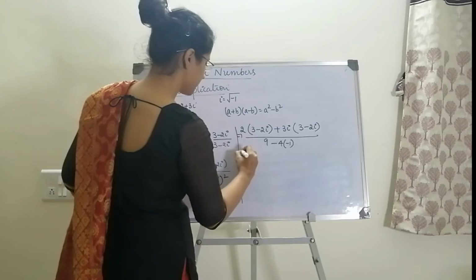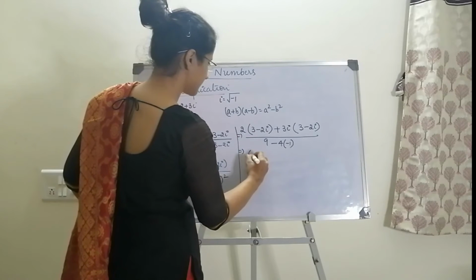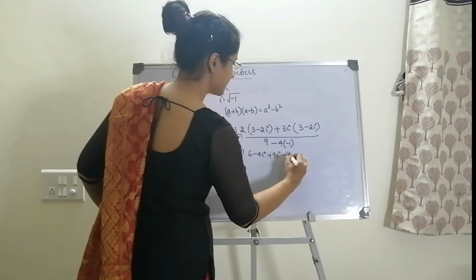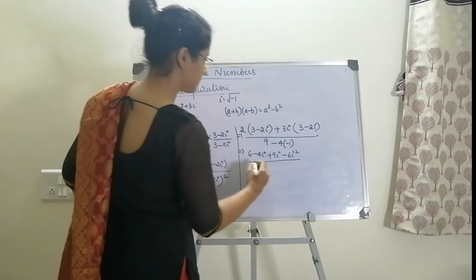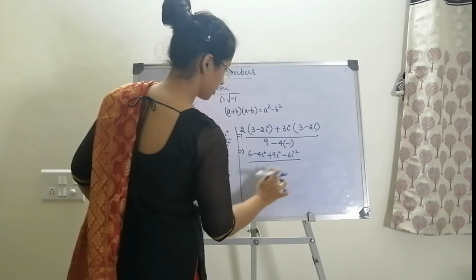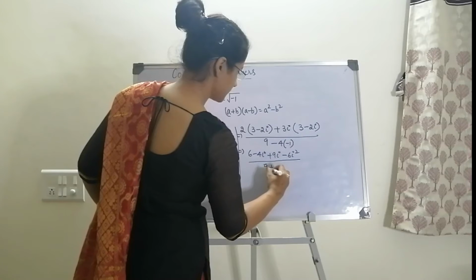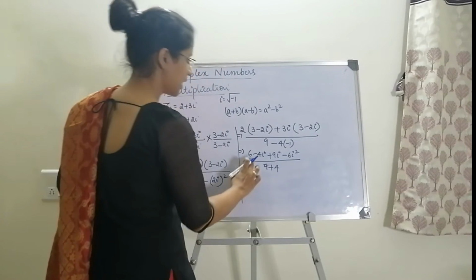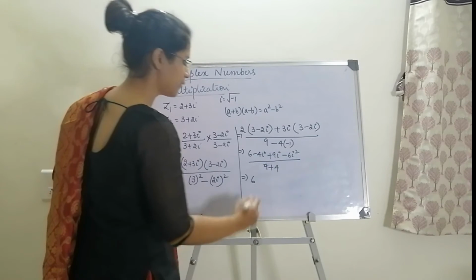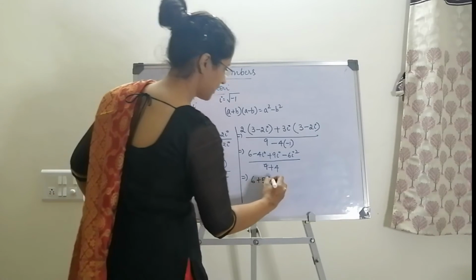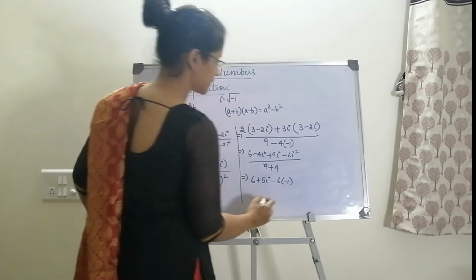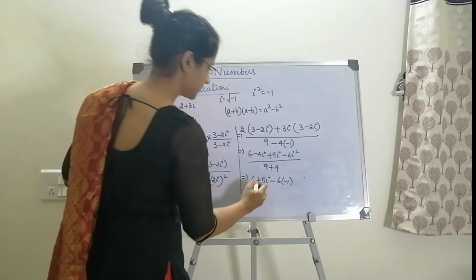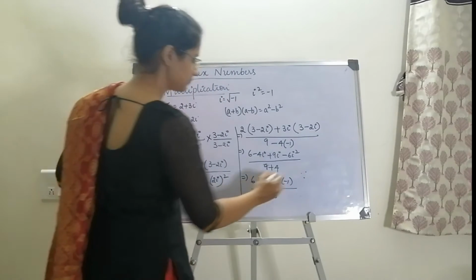Now I will just expand the bracket. I get 6 minus 4i plus 9i minus 6i square, divided by 9 plus 4. This can be further written as 6 plus 5i minus 6 into minus 1, because we know i square is equal to minus 1, divided by 13.